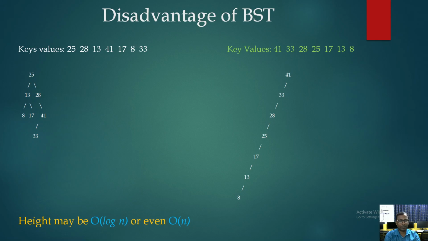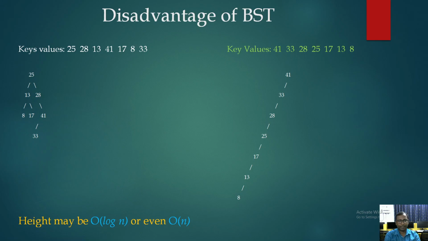If the data elements are in unsorted order, we see in the leftmost figure that 25 is the root, then the left subtree contains 8, 13 and 17, and the right subtree contains 33, 41 and 28.